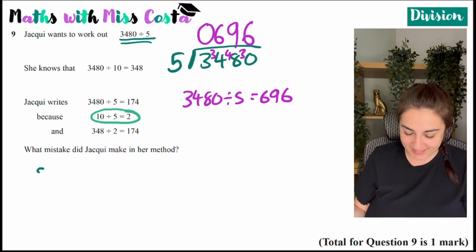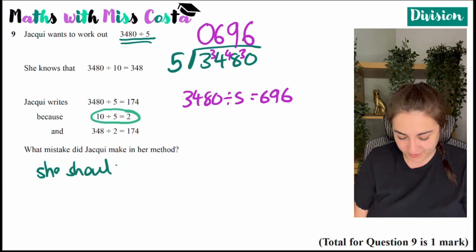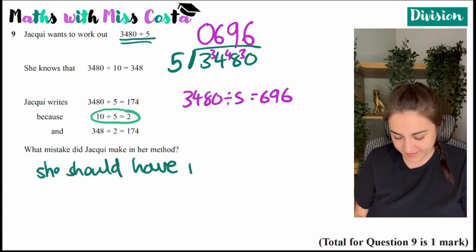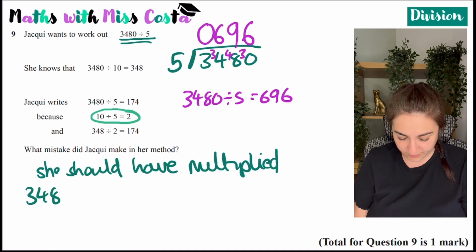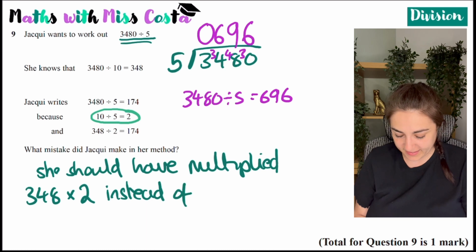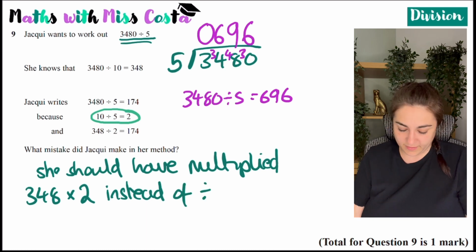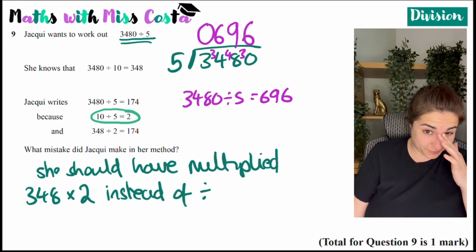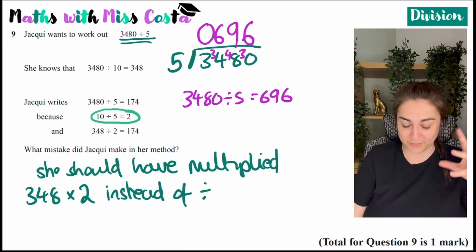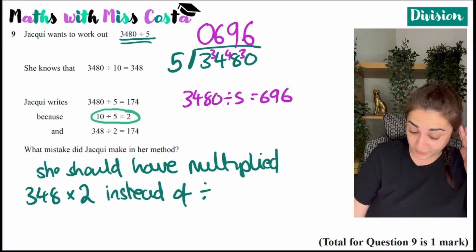Okay, so the mark scheme says that she should have multiplied 348 by 2 instead of dividing. But I think that's quite a hard question for question 9 on foundation in terms of the conceptual reasoning.